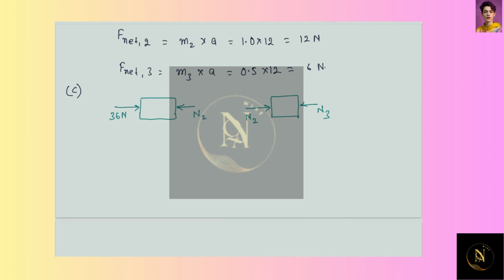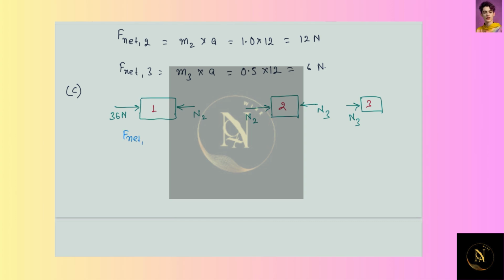For the third block, only one force N3 will be acting. So this is block 1, block 2, and block 3. We have to find the values of N2 and N3.